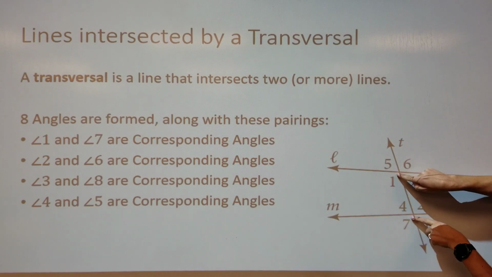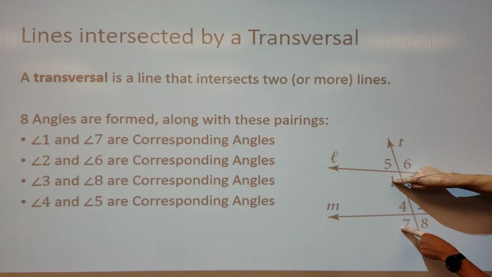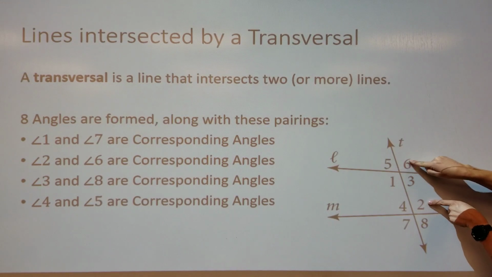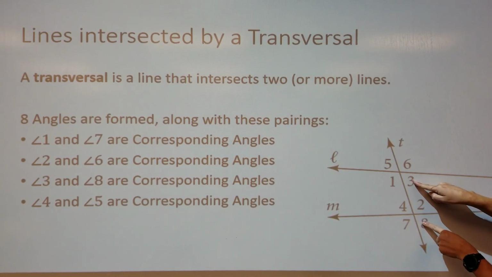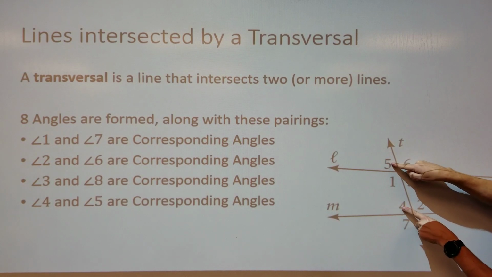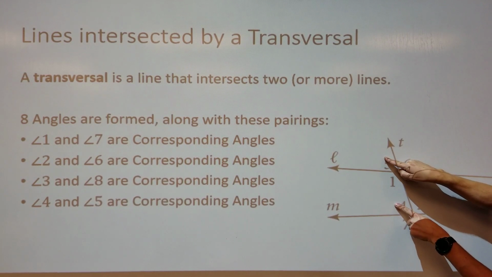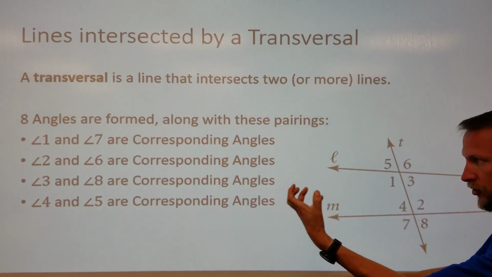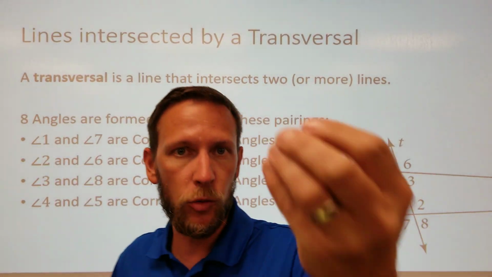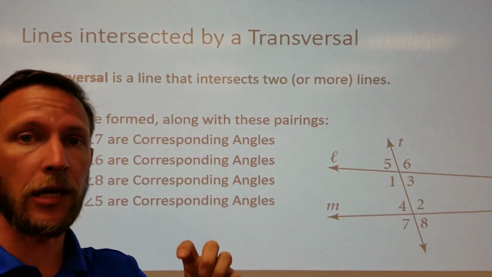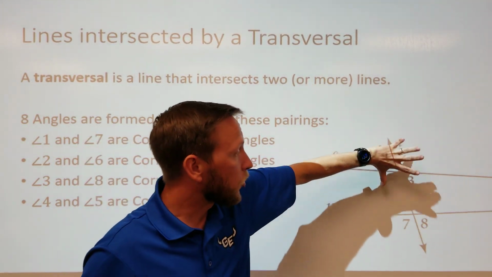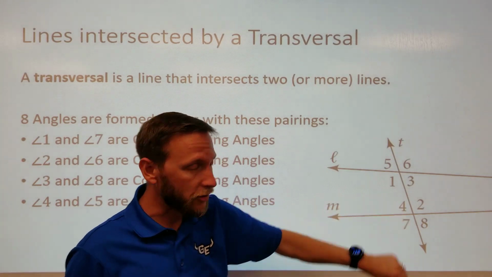They're both in the lower left, all right? 2 and 6 are both in the upper right. 3 and 8 are both in the lower right. 4 and 5 are both in the upper left. And so they are corresponding pairs of angles. Watch that part again if you need to have a little more clarity on corresponding angles being in corresponding locations between this set of 4 and that set of 4.